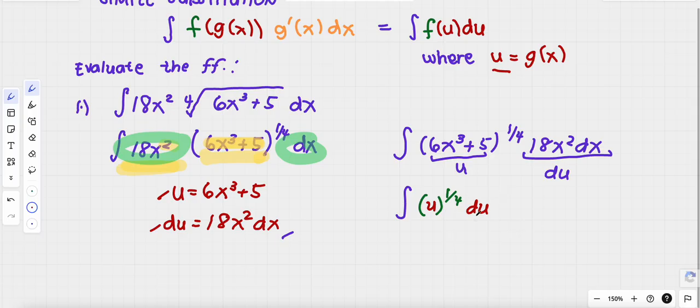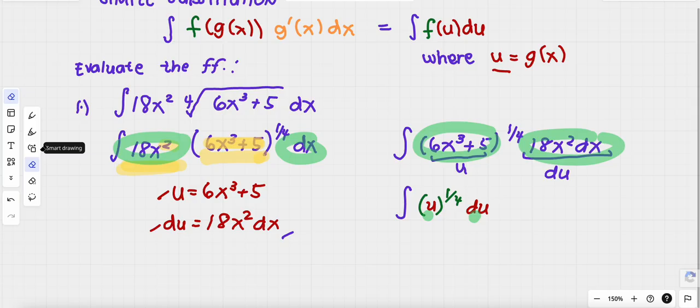Alright? So, instead of writing the whole terms from here, instead of writing this one and this one, what we did was simply represent them with u and du. Okay? Next would be to integrate this time.